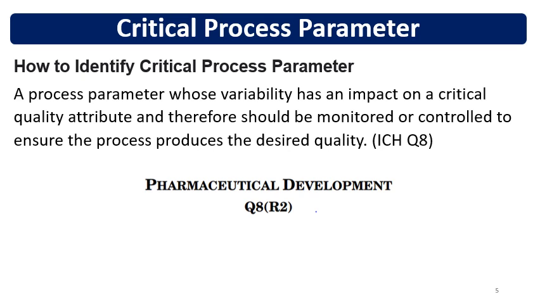As per ICH, a process parameter whose variability has an impact on a critical quality attribute and therefore should be monitored or controlled to ensure the process produces the desired quality. So in a very simple meaning, these are the process parameters which have a great impact on the product quality, and those parameters are called critical process parameters.